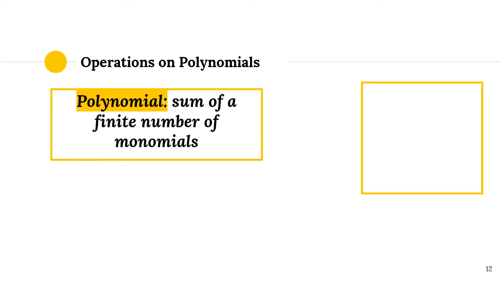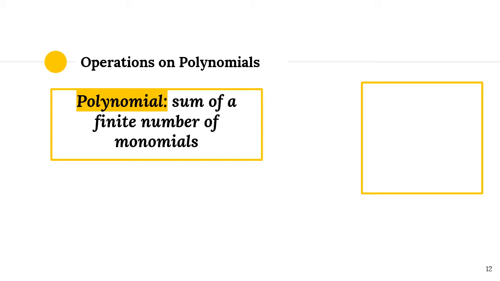Let's come now to what we've been preparing by talking about monomials. That is the polynomial. The polynomial is a sum of a finite number of monomials. So we have two things here to remember.